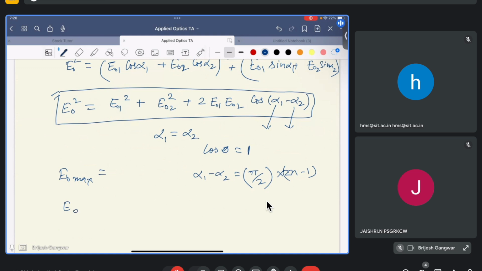Then this E0 comes to the E0 min. This will be (E01 plus E02) whole square, and when it is an integer multiple of pi, then it will come (E01 minus E02) whole square.